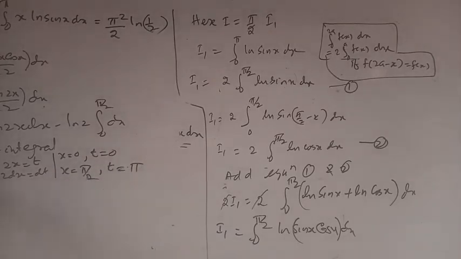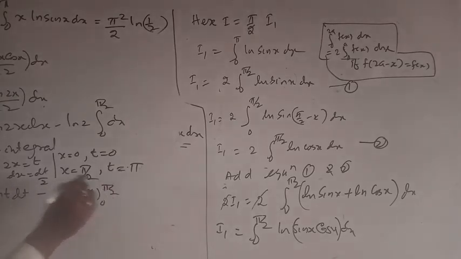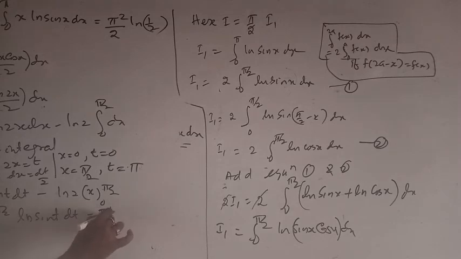And dx is equal to dt by 2. So I1 is equal to 1 by 2 times the integral from 0 to pi of log sin t dt minus log 2 times pi by 2. So I1 is equal to 1 by 2 times 2 times the integral from 0 to pi by 2 of log sin t dt minus pi by 2 log 2. The 2 cancels.